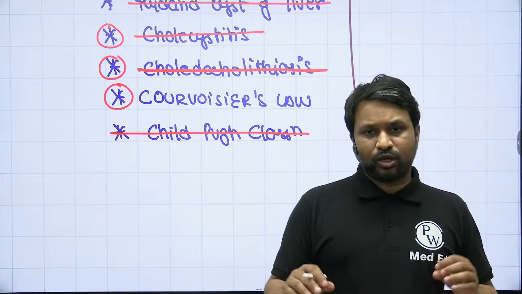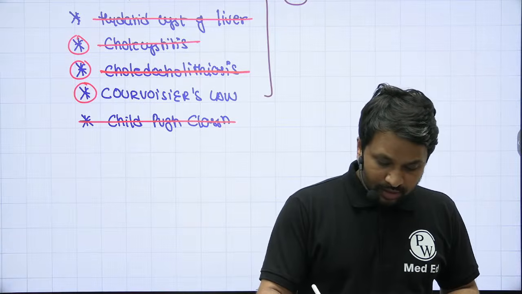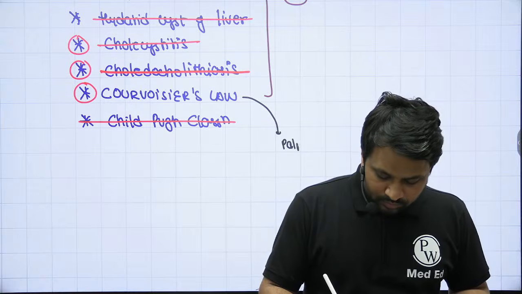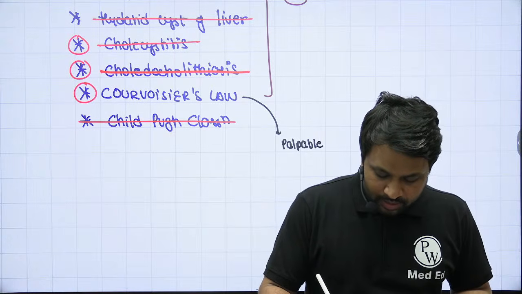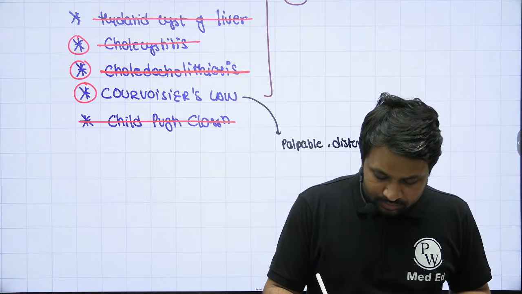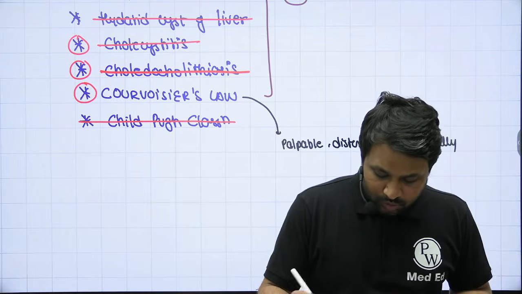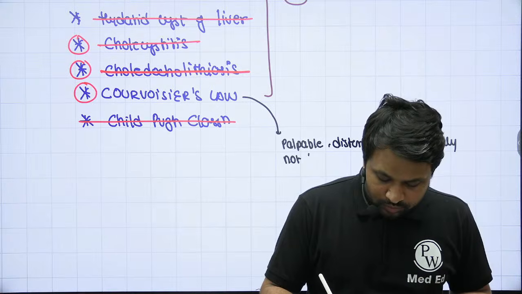So Courvoisier's law, in general, if I write it here: a palpable distended gallbladder is usually not because of gallstones.